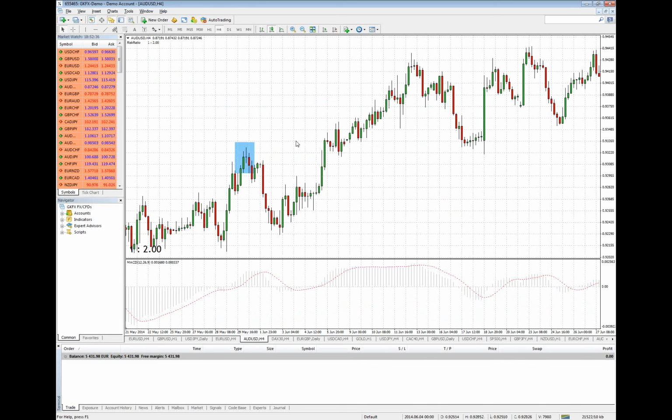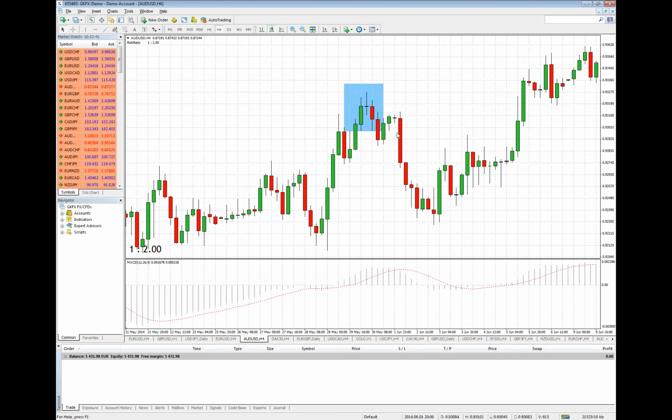And now another example on AUD/USD, Australian dollar, US dollar, and this time it's an evening star, because the doji is at the top. Once again, it's really clear. You can see a bullish trend here, the pattern, the evening star, and finally a bearish reversal just after the pattern.